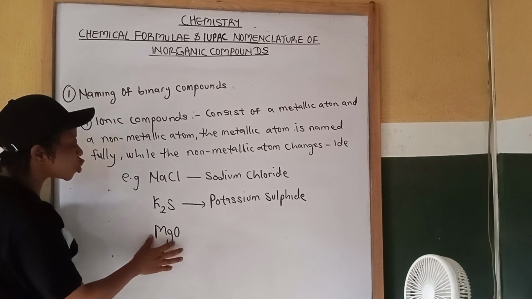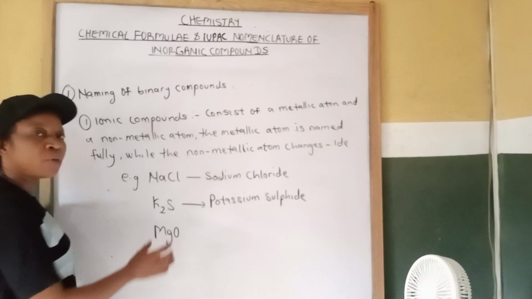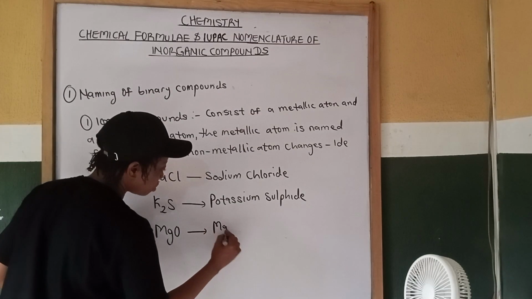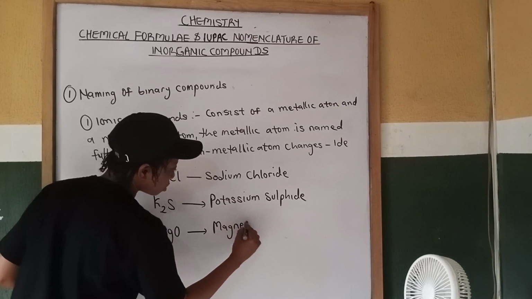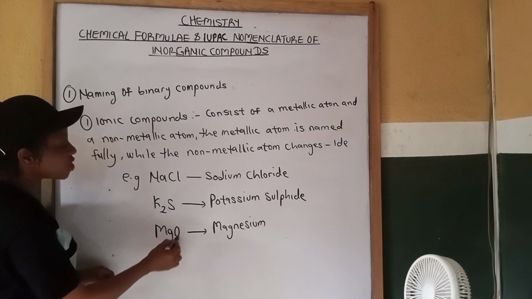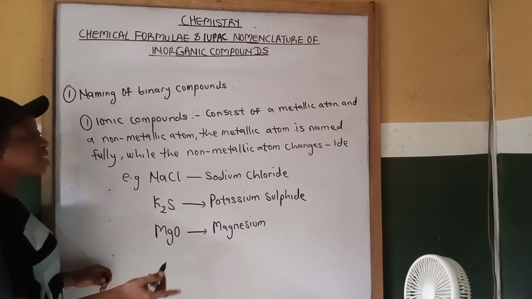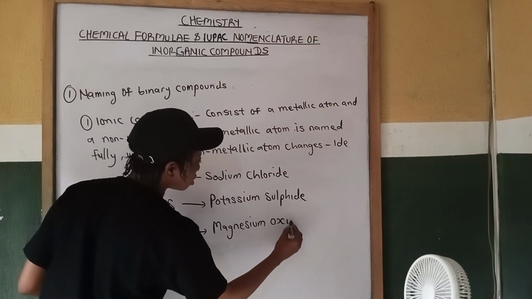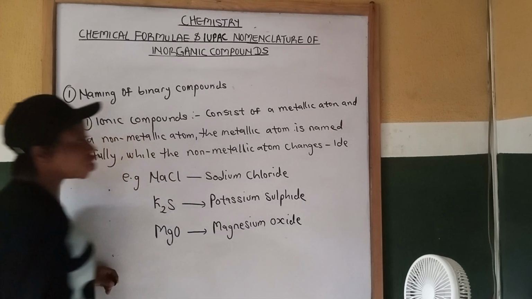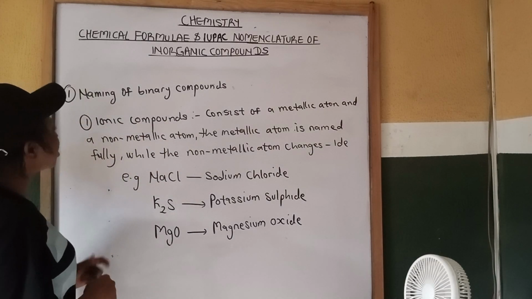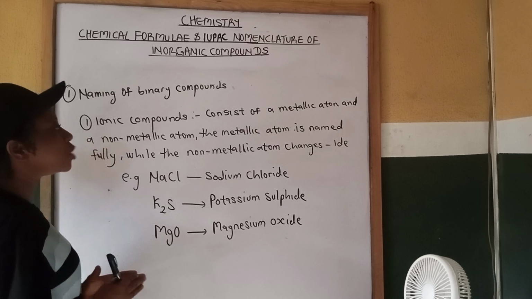We name the first one fully because magnesium is a metal, so we call it magnesium. Oxygen changes to -ide, so you call it oxide. Magnesium oxide.